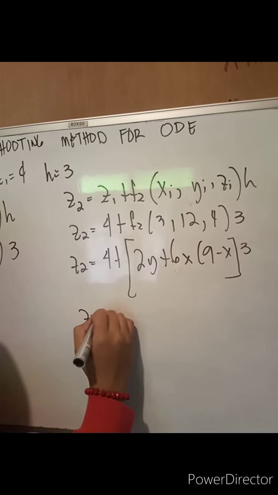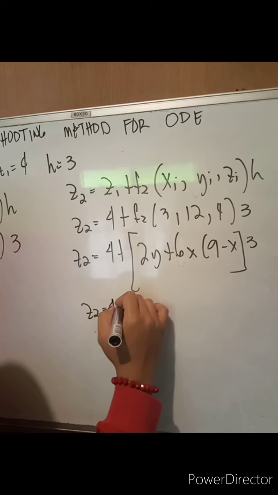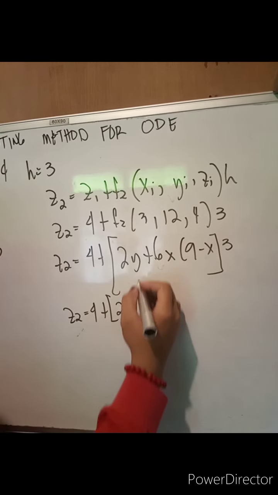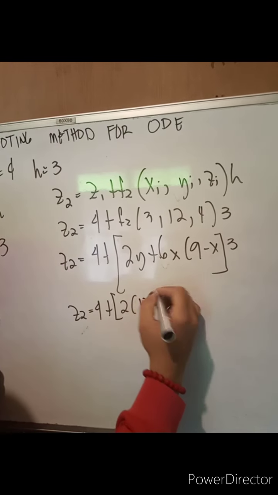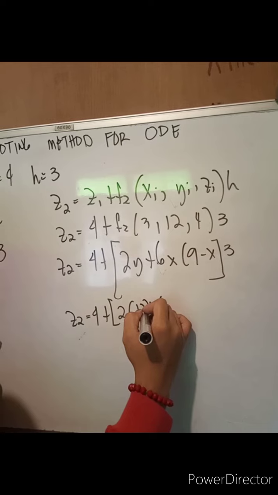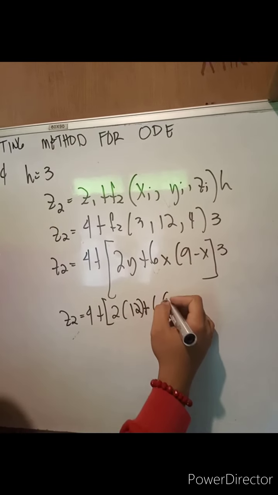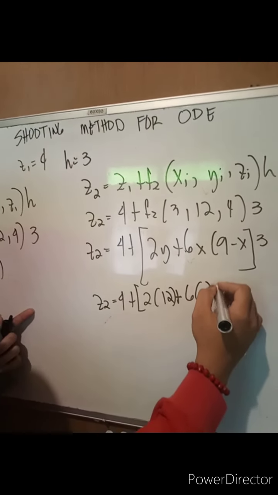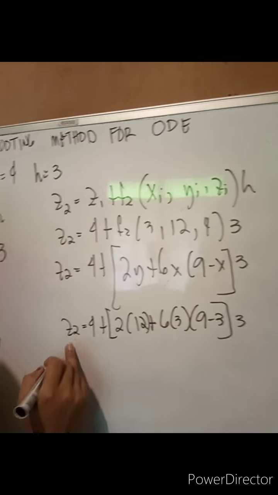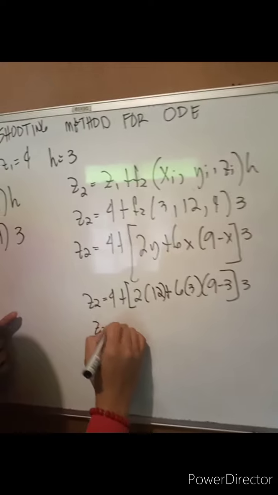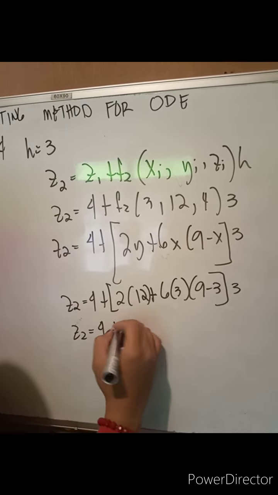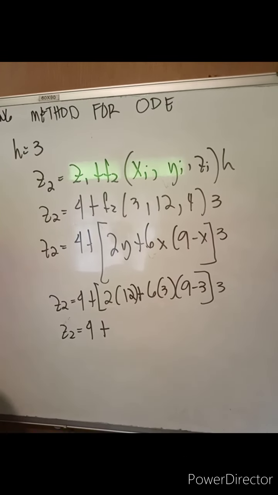So magiging z2 natin is equal to 4 plus 2 times y natin is 12 plus 6 times yung x natin is 3 times 9 minus 3. So z2 is equal to 4 plus, ano ba to?